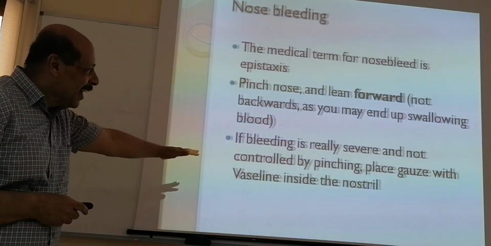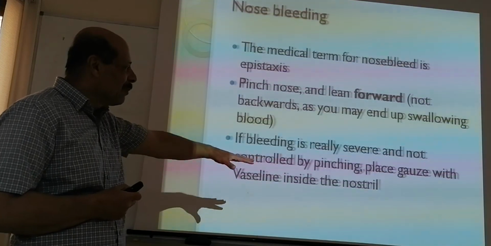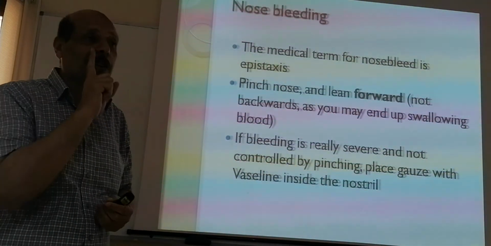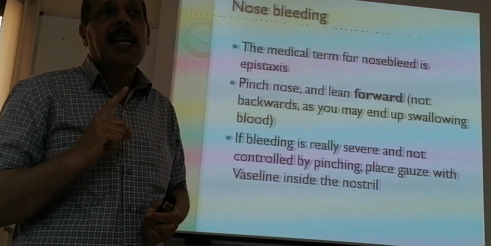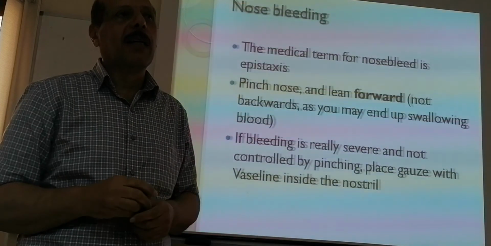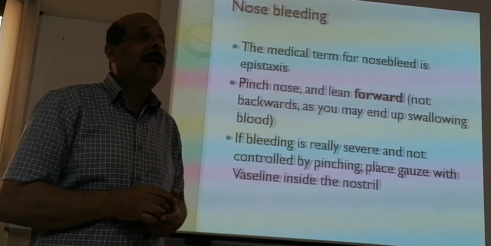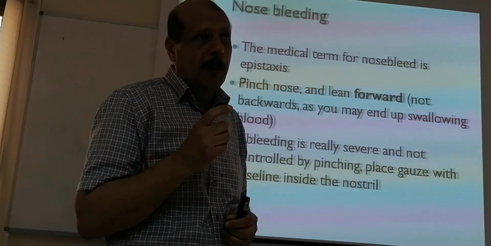So if the bleeding is really severe and not controlled by pinching the nose, place a gauze and Vaseline inside the nostril. So in this case, we will use a nasal pack. We will complete just this part, and after that I will give you a break. So sometimes the bleeding will not stop.